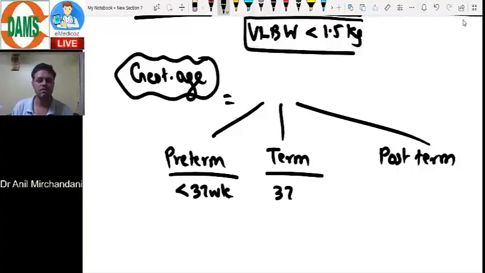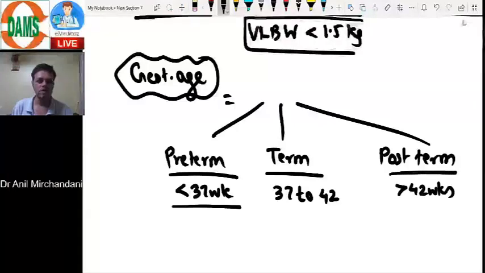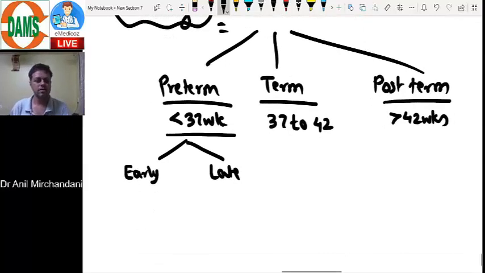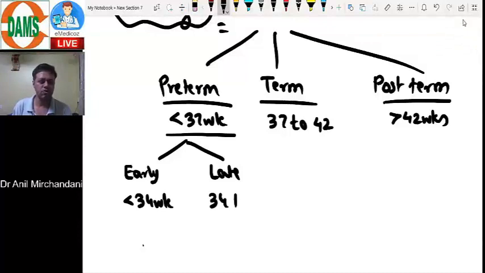Term is 37 to 42 weeks. Post-term is beyond 42 weeks. Okay. Preterm is subdivided into early preterm and late preterm. Early preterm is less than 34 weeks. Late preterm is 34 to 36 plus 6.